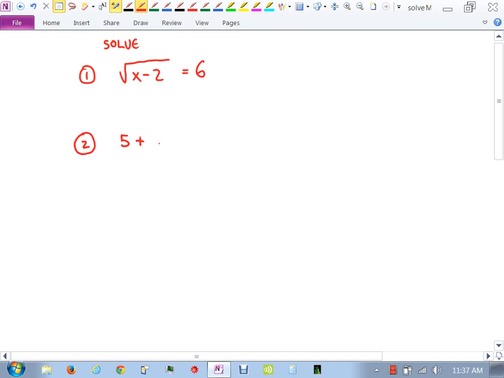Five plus square root of 3 minus x equals 8. Third one, square root of 6y plus 5 equals 0.